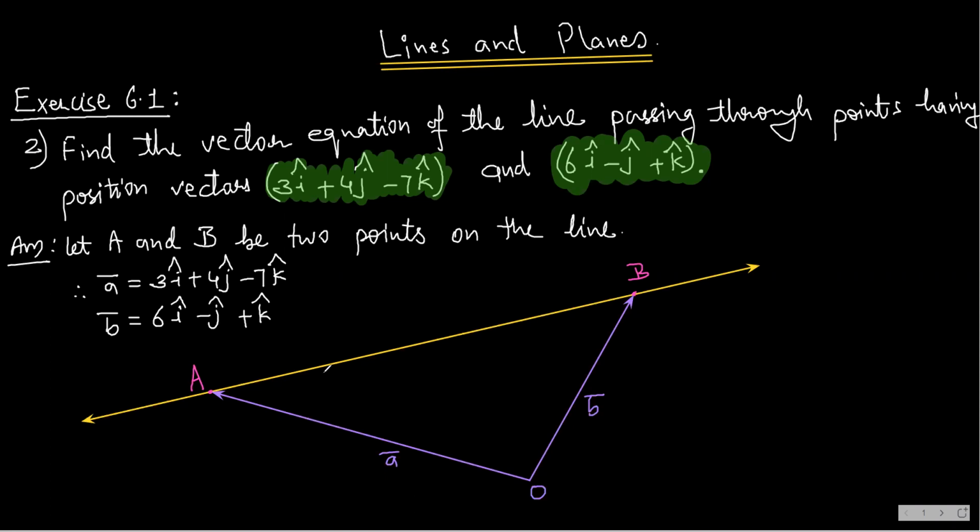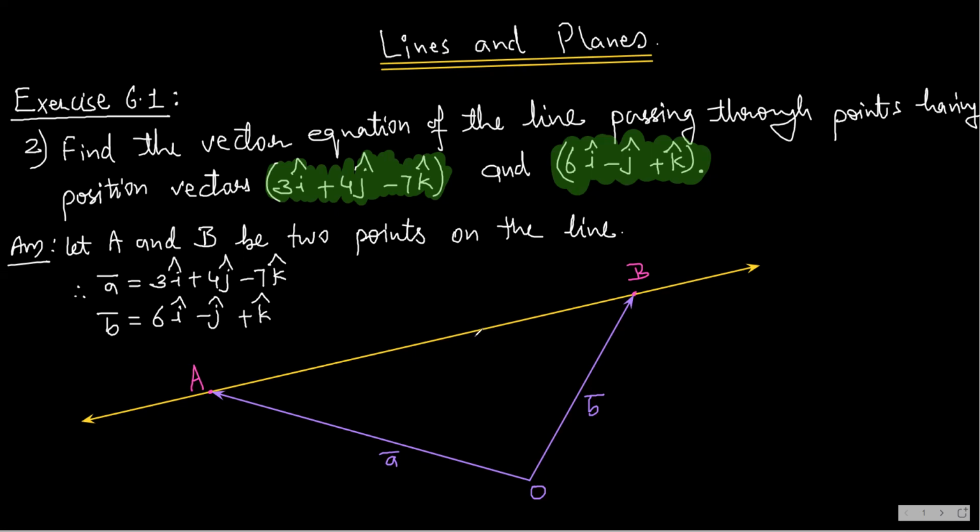Let us find out AB bar, students. Why? Because in this case, we are not given the parallel vector b bar. You remember, for finding the equation of a line, the minimum required things are one point on the line and a vector parallel to the line. But now the parallel vector is not given.